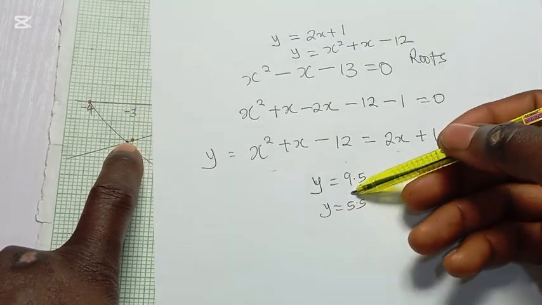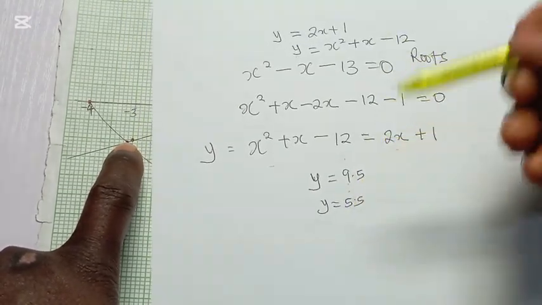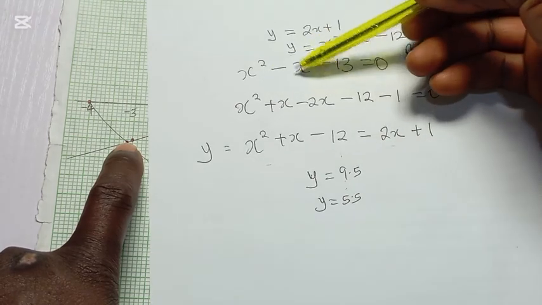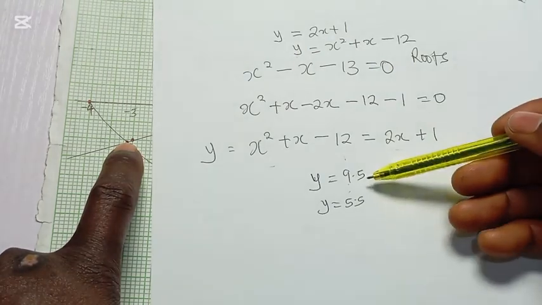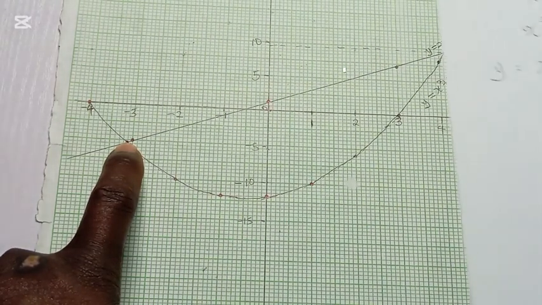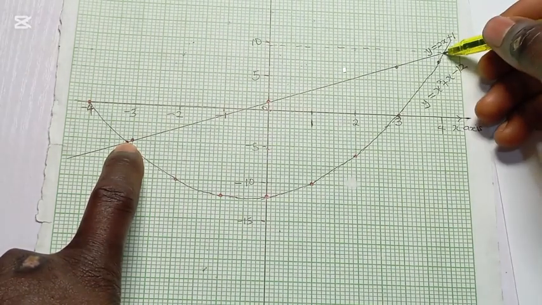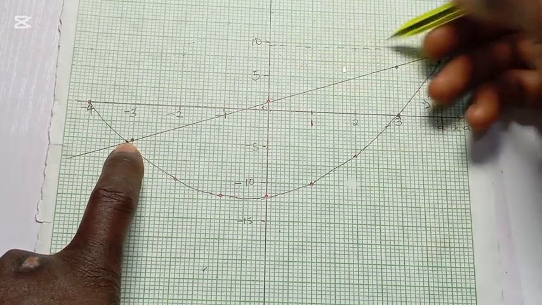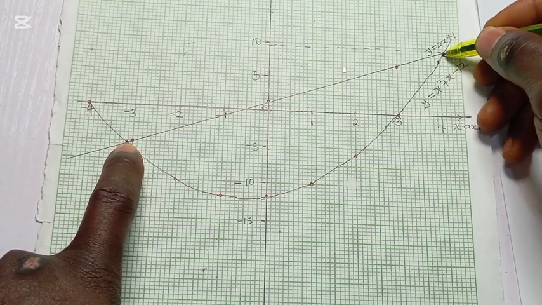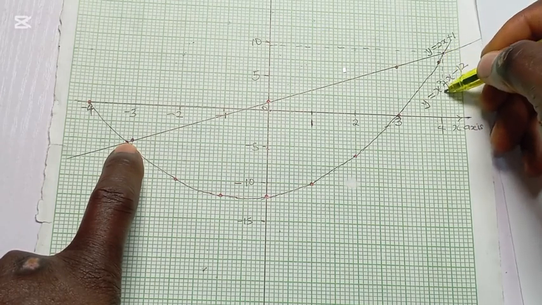Now these are the values of y. Then what will be the corresponding values of x? Because remember, we are looking for the root of this equation. So how about we find the coordinate at this point? The coordinate at this point, we have y equal to this. Then what will be the corresponding value of x?